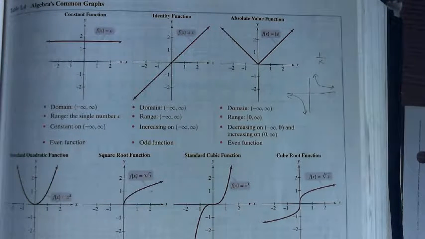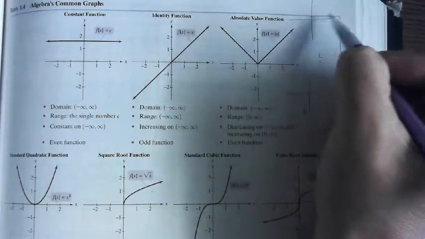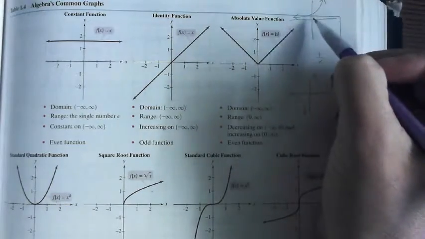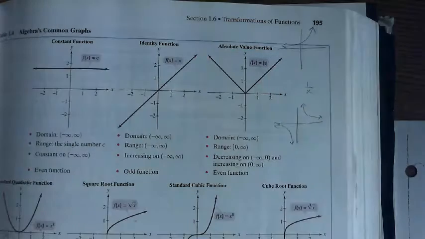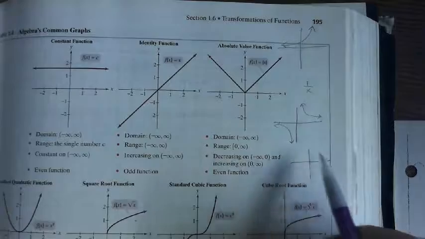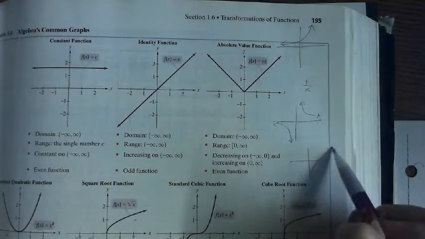What else? Exponential parent graphs, so kind of this graph, which is some base to the x power. Yes, you did that. Log parent graphs, which is the inverse of exponential, so it kind of does this.